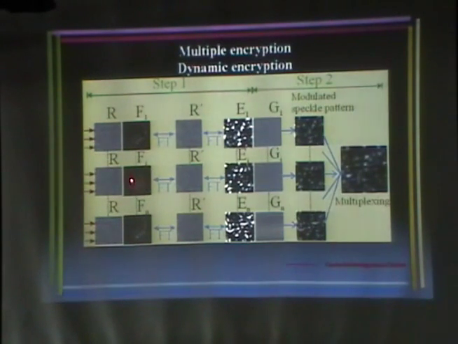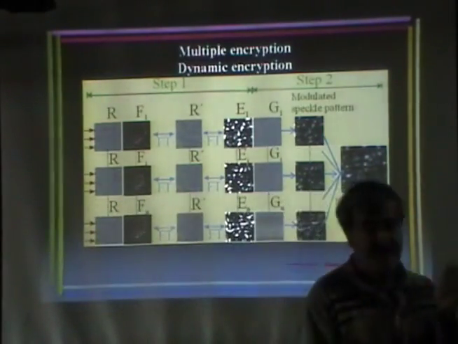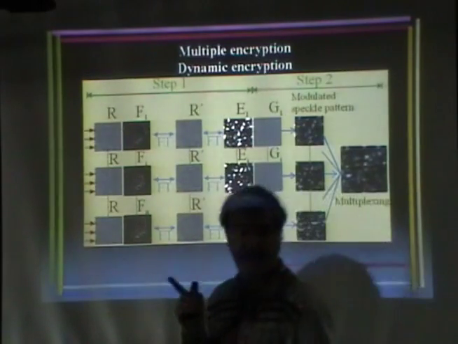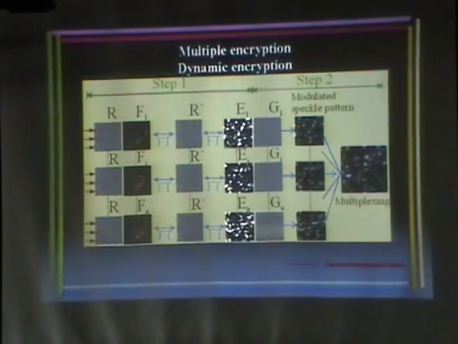Second frame to be encrypted. The same procedure, but now modulate with a different grating. Different means different k-vector, different pitch, and different orientation in your grating. And so on. Finally, you multiplex all together.